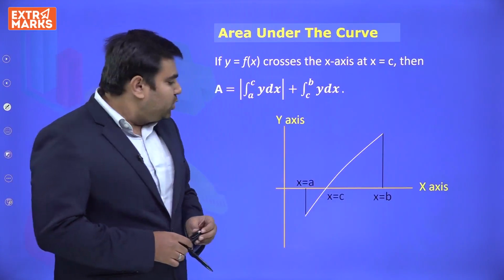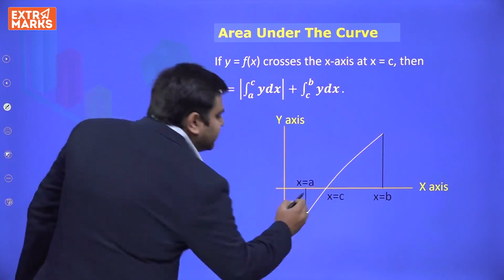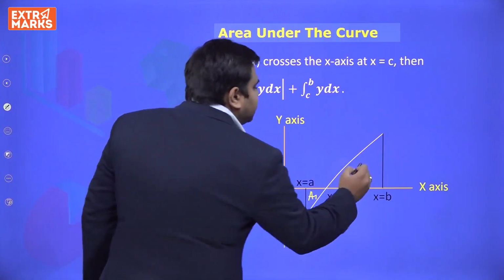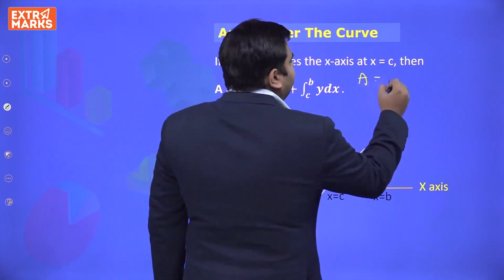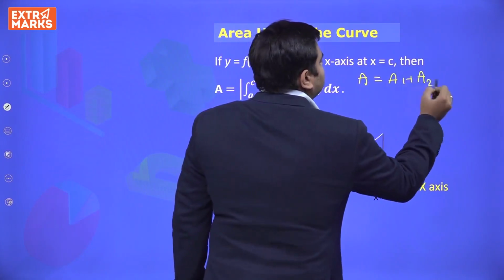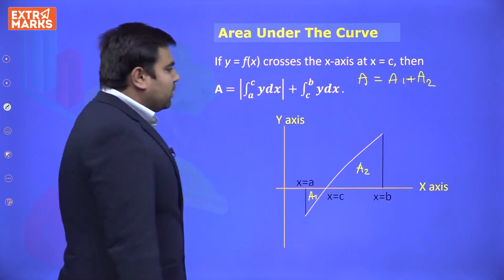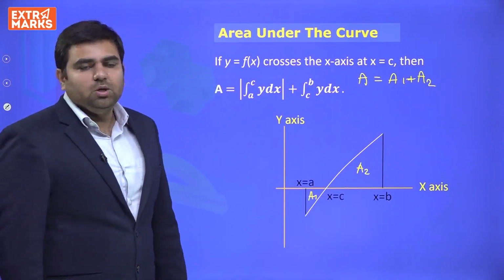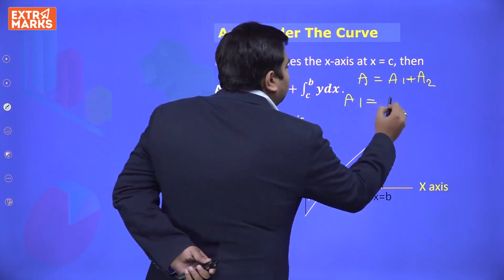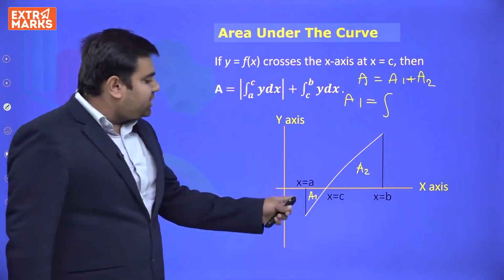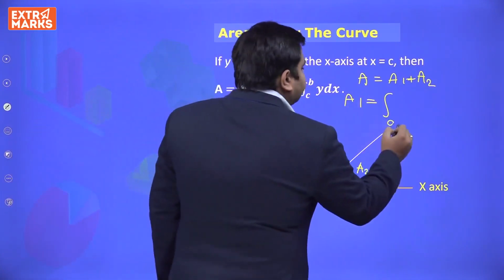Let us consider that this is A1 and this is A2. So A will come out to be A1 plus A2. What is A1? A1 would be the integration of y dx from a to c.